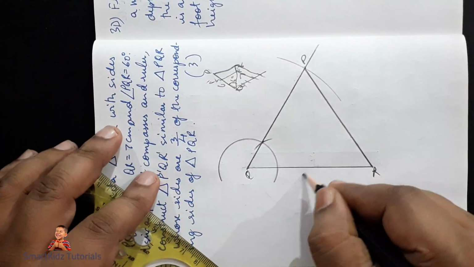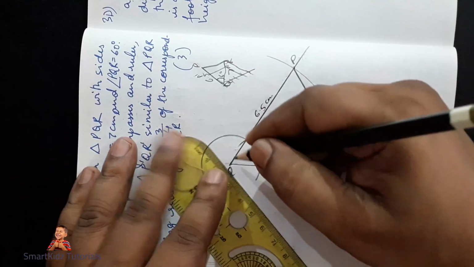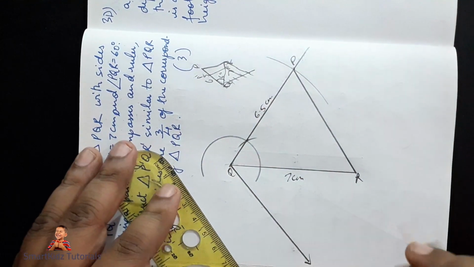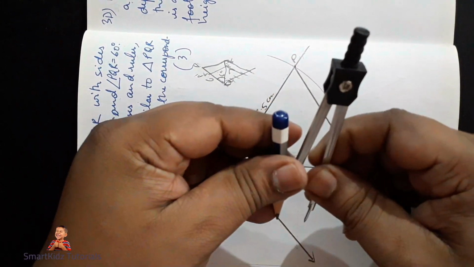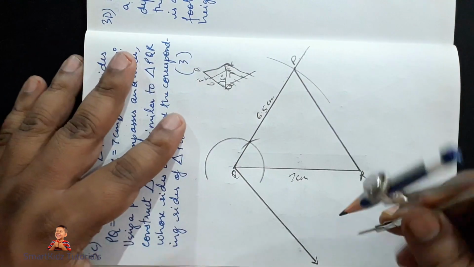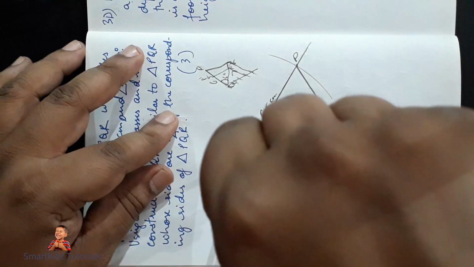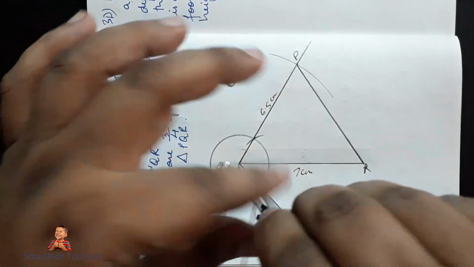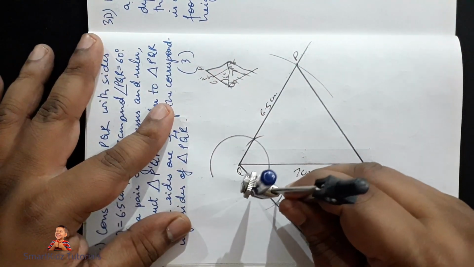There you go. Next, what we do, so I'll mark this as 7 centimeter and this as 6.5 centimeter, and then we draw a line like this, a ray you can say, and then we cut it into 4 parts using random measurement. So I'm just going to take some random measurement like this, starting from this point. So 1, and then next center will be here, 2 where the arc cuts this line, next one will be here.